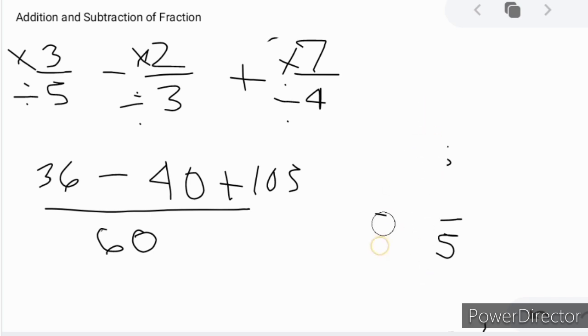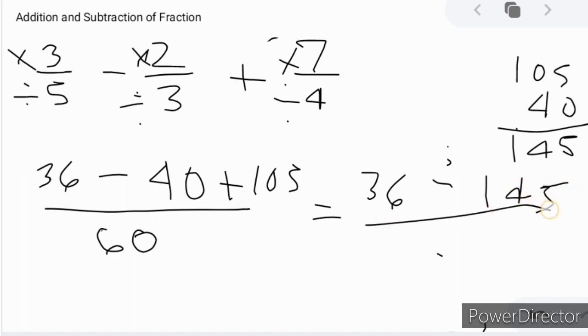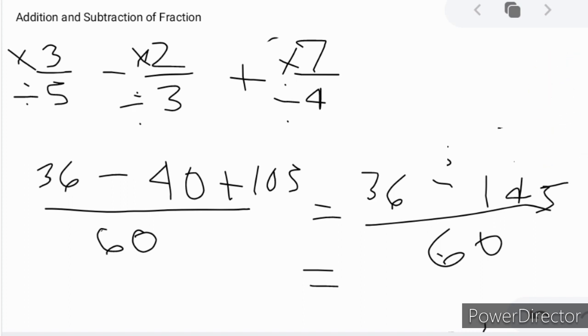So, let us further simplify our answer. 40 plus 105 is equal to 145. So, 36 minus 145 over 60. Now, let's solve 36 minus 145.